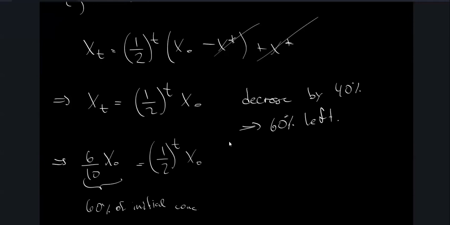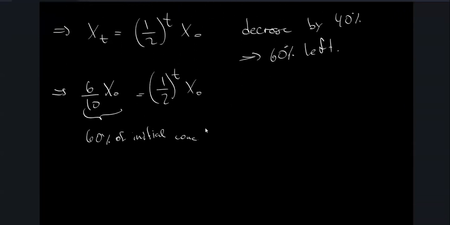Because x of t gives us our concentration as a function of time. If we set x of t equal to 6/10 x naught, that's asking when the concentration x of t is equal to 6/10 x naught. We're trying to find for which t this holds true, for which t we have 60% of the concentration remaining.